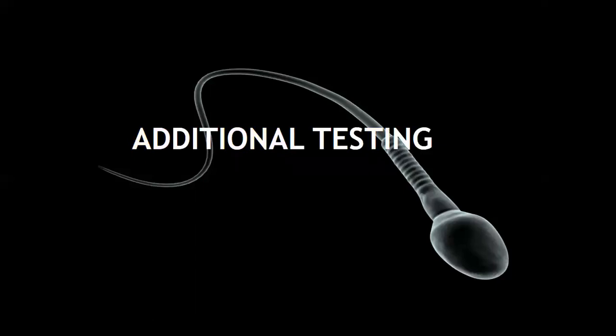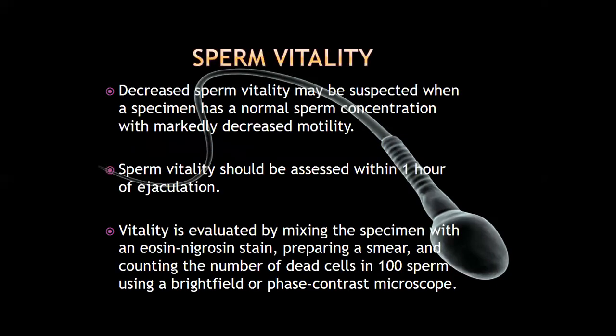These are the additional tests that we can do other than the routine parameters that I have mentioned. We can test for sperm vitality. This will test if your sperm are actually viable or not. Sperm vitality is done by staining. The stain used is eosin nigrosin stain. If your sperm is alive, the dye could not penetrate, so a normal result would be the presence of bluish stained sperm.